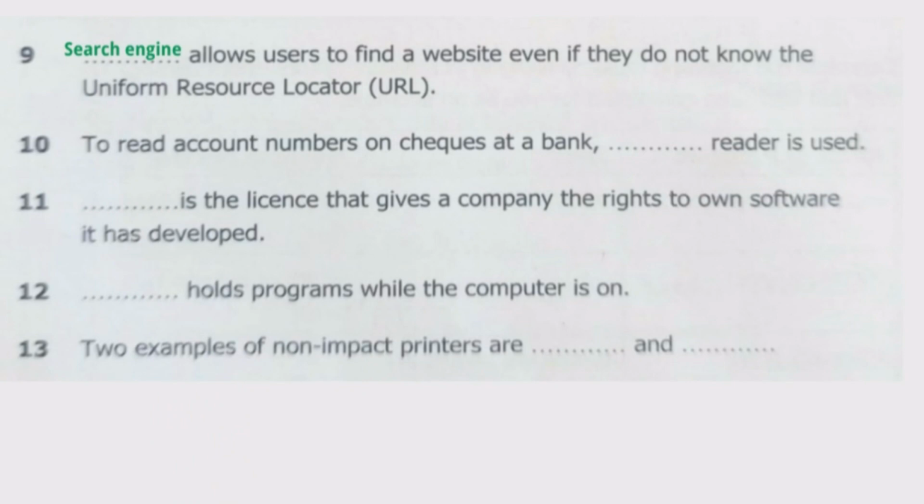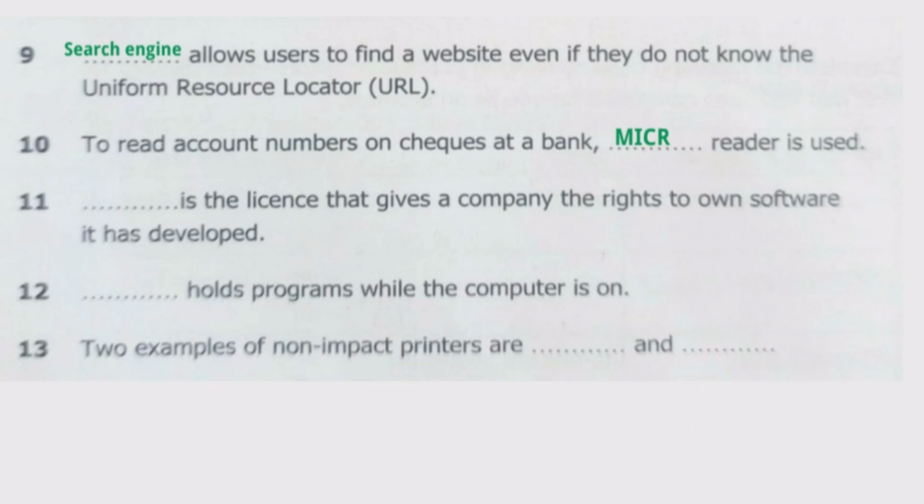Okay, we come to question number 10, which is: to read account numbers on checks at a bank, dash reader is used. So the correct answer here is MICR. MICR reader is used.